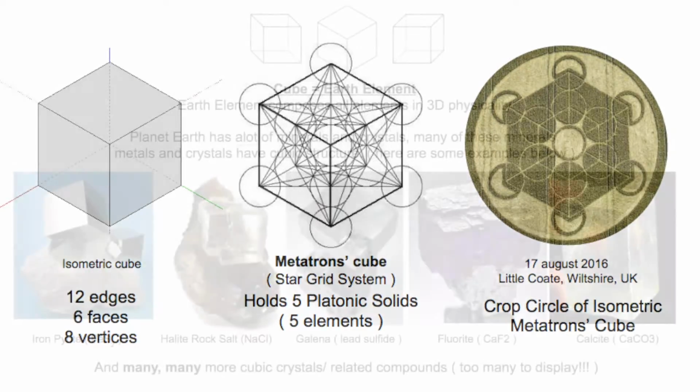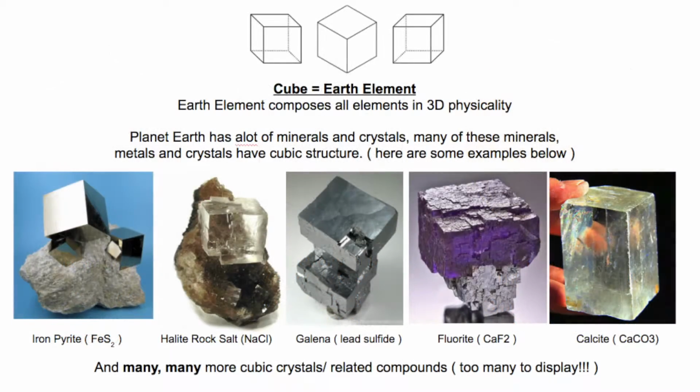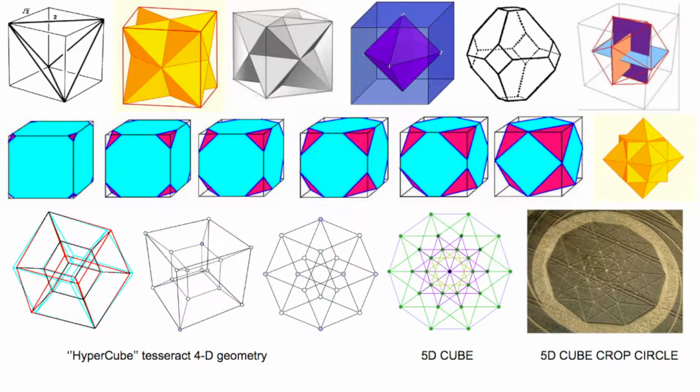The regular cube represents the element of earth, for many elements and important mineral structures are connected through the cubic structure. The tetrahedron, star tetrahedron, octahedron, and hypercube can all reveal interesting dimensional connections to the cube.